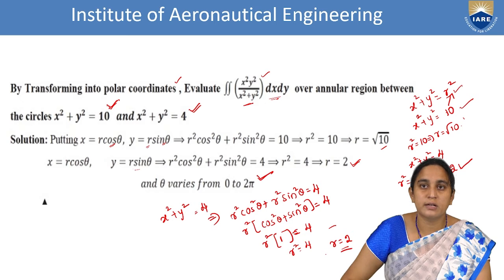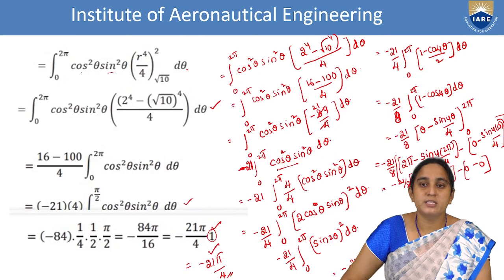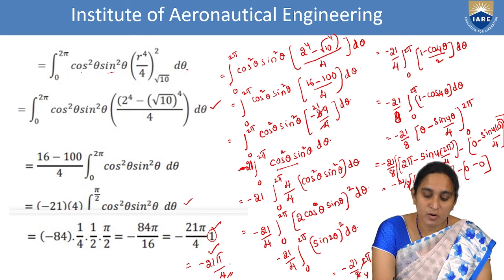Transforming into polar coordinates, the double integral of x square y square by x square plus y square into dx dy, answer is minus 21 pi by 4. For this type of question I'll clearly explain in the area form. Okay, we got minus 21 pi by 4.